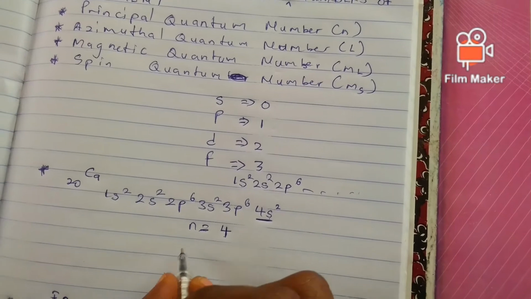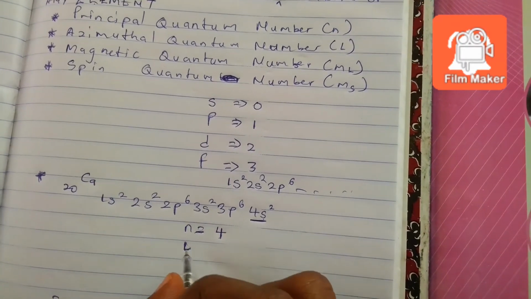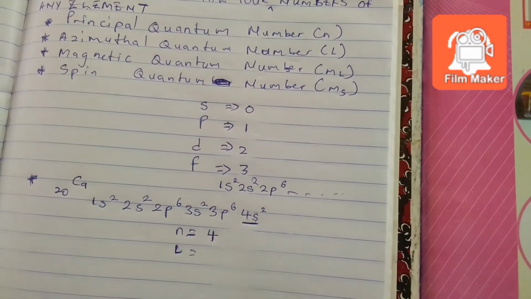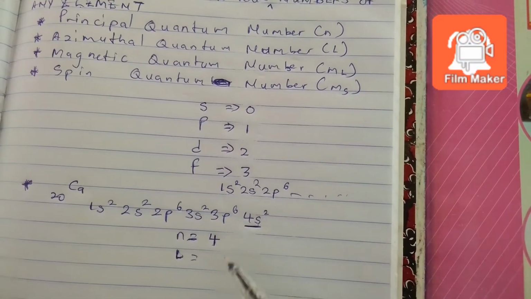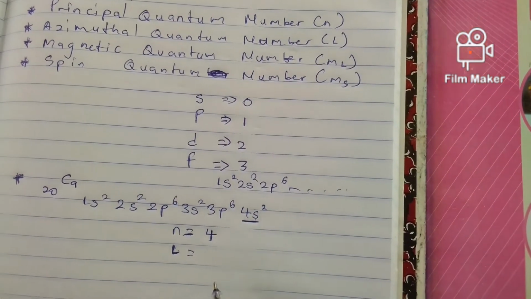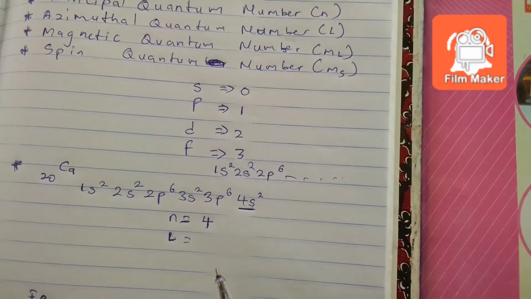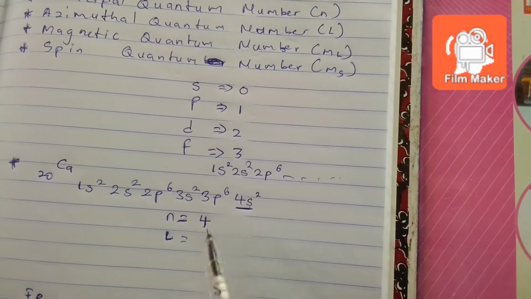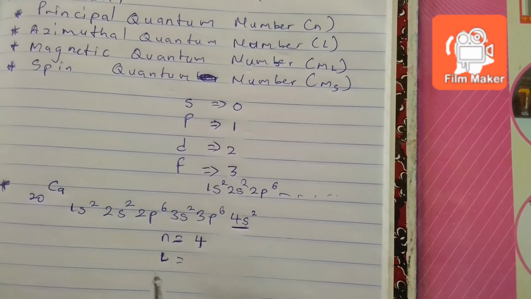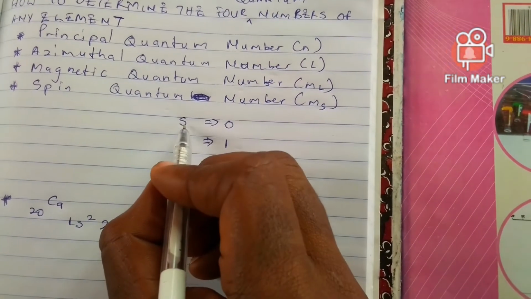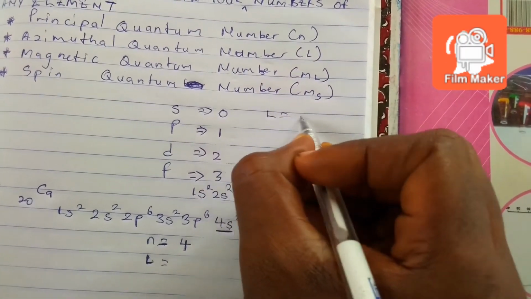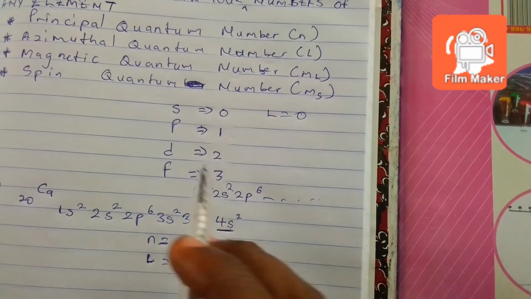To get our l, it's very easy also. Look at what I wrote here: the s, the p, the d, the f. When an element ends its electronic configuration with these blocks, that tells you the azimuthal quantum number. When it ends with s, l is 0.